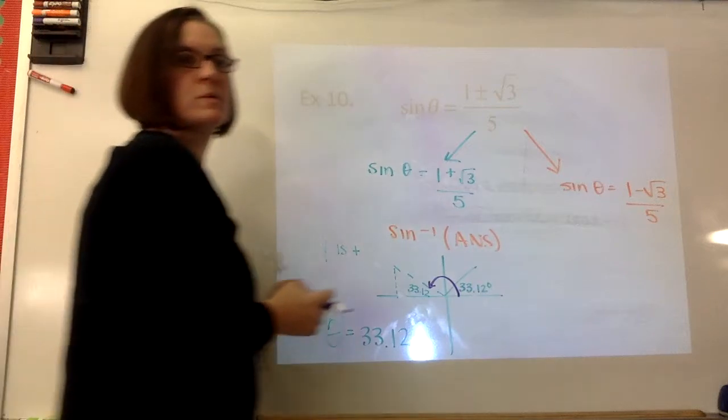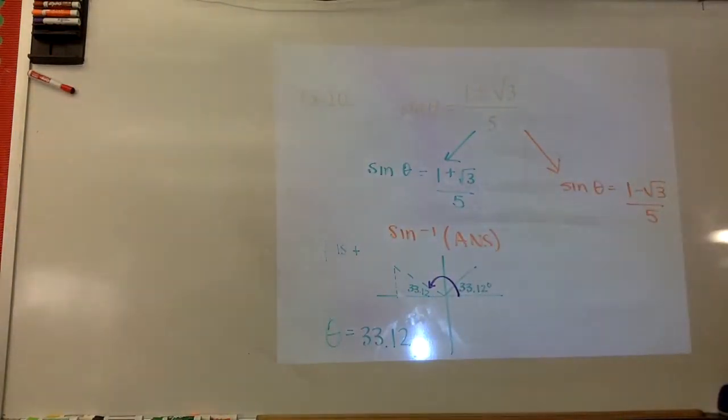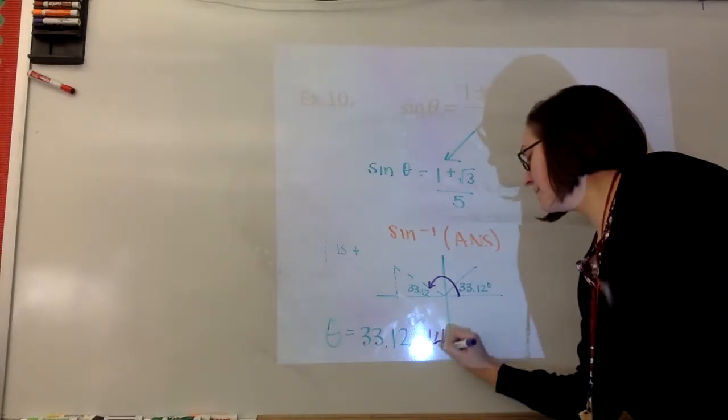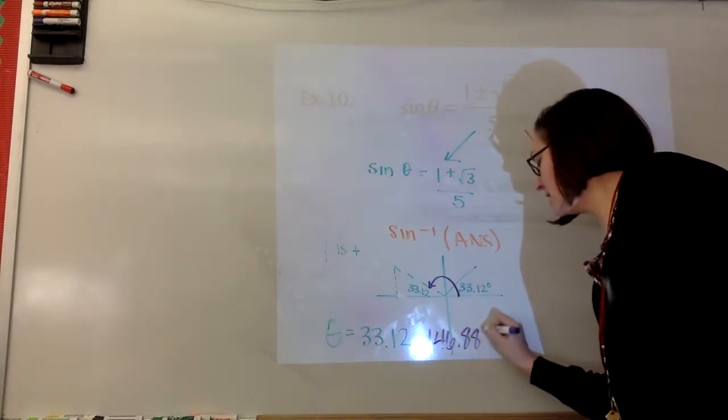How much is that purple swoop? It's not 33.12. Look at the diagram. You should be able to calculate it very quickly. 146 point what? 0.88 degrees.